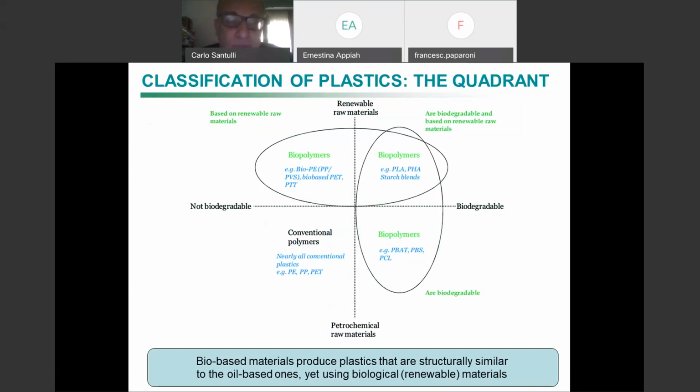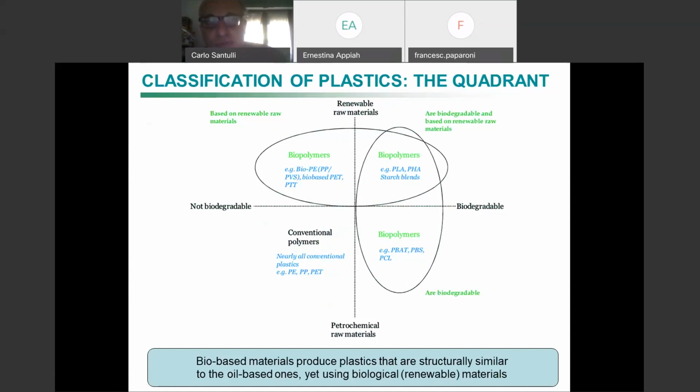For example, from sugarcane, I can obtain ethanol. I can produce liqueur from that, or I can, why not, use that ethanol to produce plastic. That's possible. That's bio-based. But that's not biodegradable because it's the usual polyethylene, polypropylene, etc., which is not biodegradable.